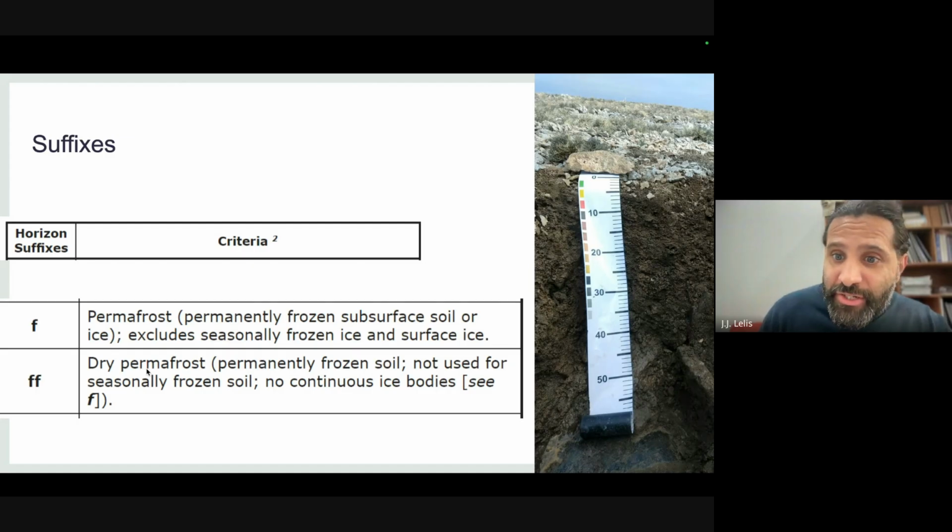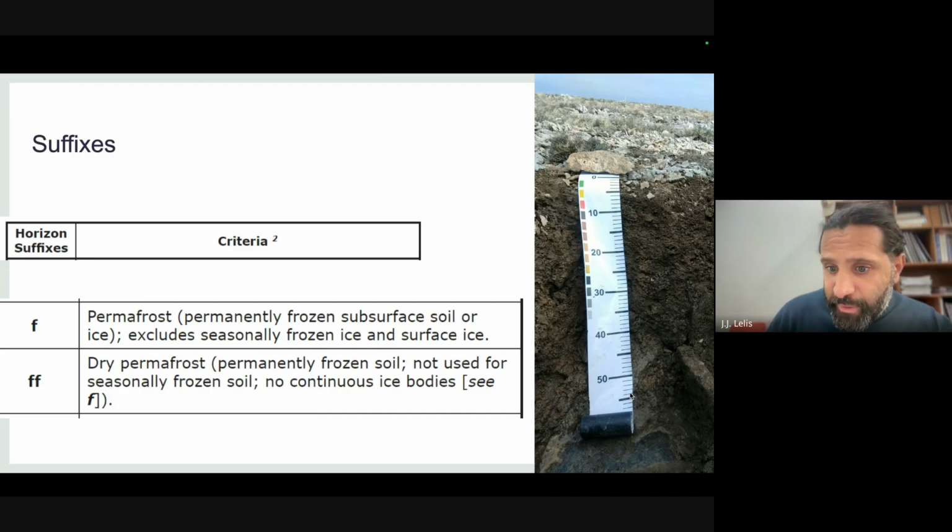So I can register very low temperatures like -10, -13, -50 Celsius degrees, but I cannot see frozen water because I don't have water in the system. It's too dry to register water, okay? So the coldest, driest deserts in Antarctica register dry permafrost, not the regular permafrost with the frozen water. So in this case, I use the double F.